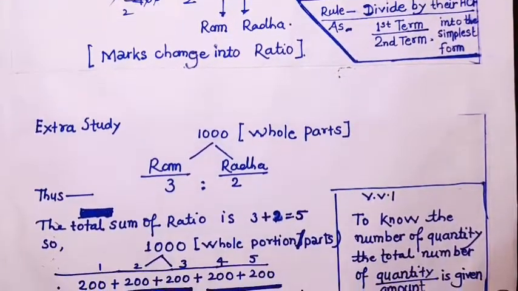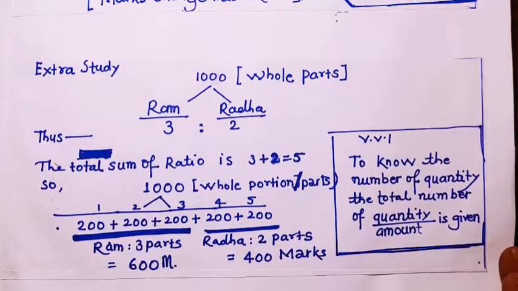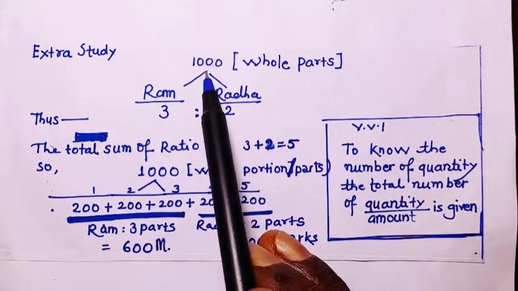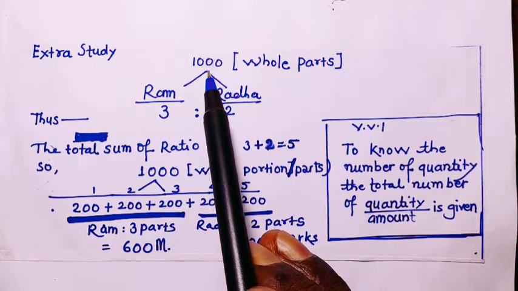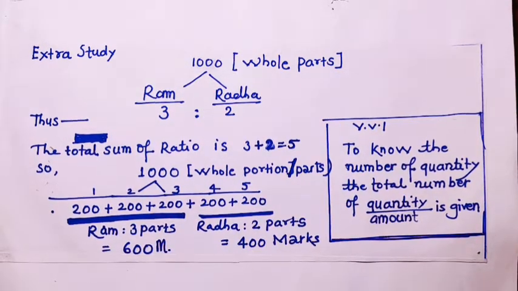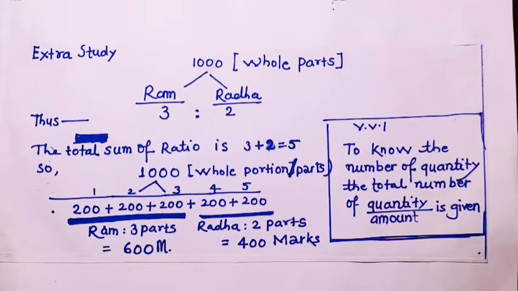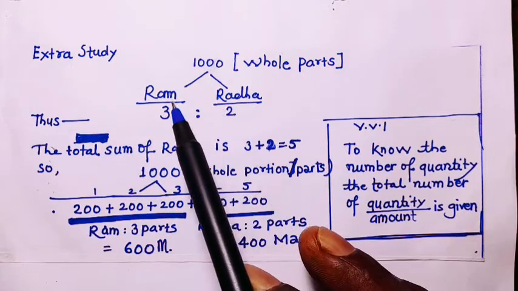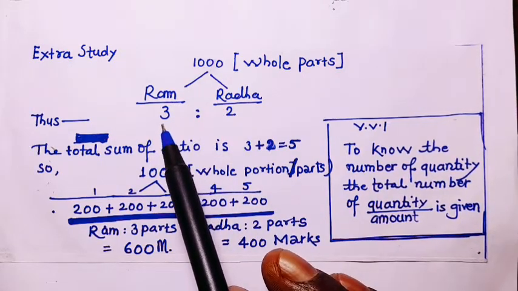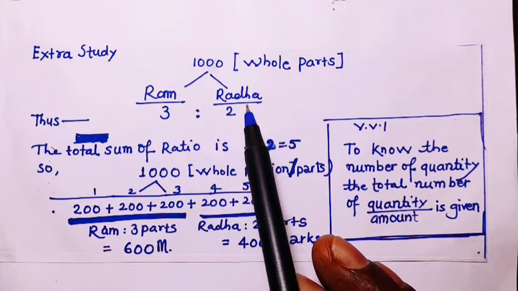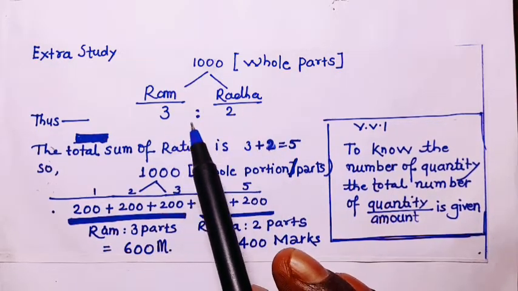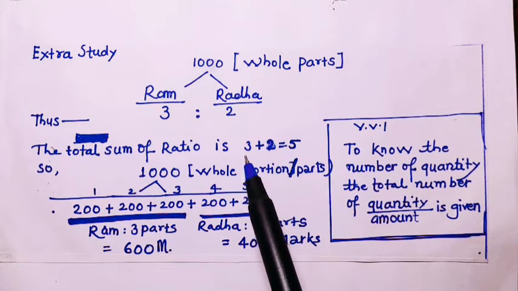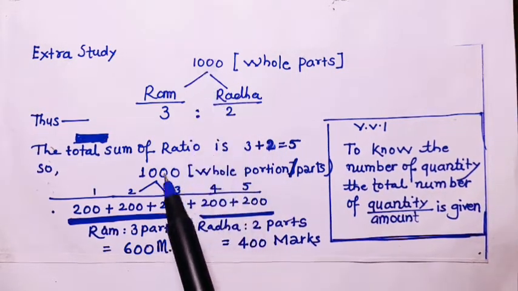Extra study you can see below. So you can see 1000 is in the form of whole parts. Suppose the ratio of Ram and Radha is 3 to 2, it means 1000 marks.